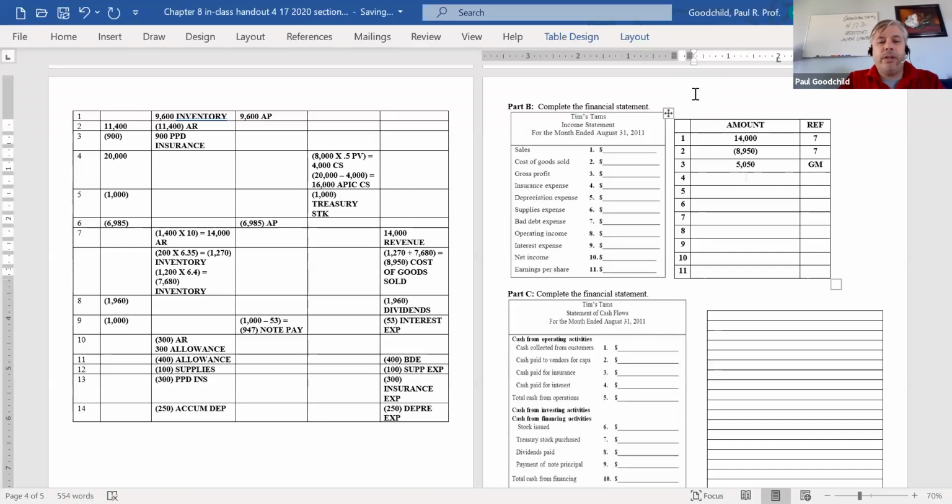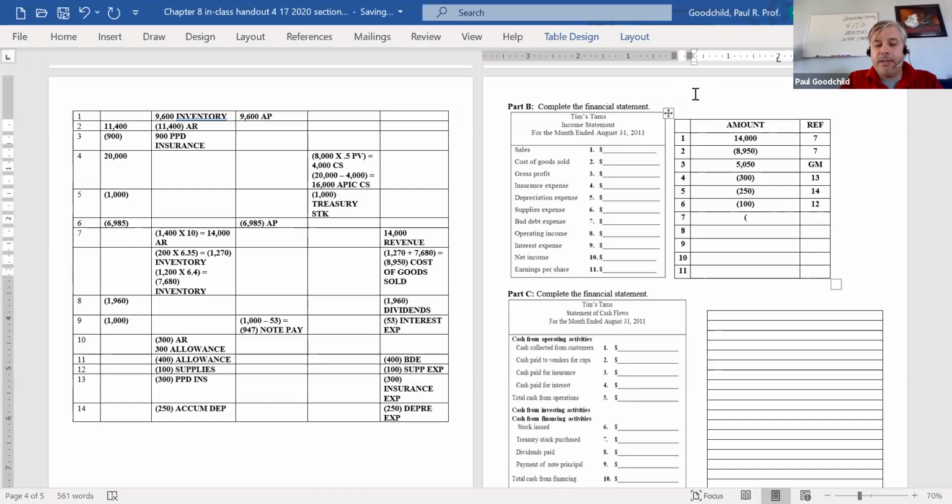And then our insurance expense, 300, and that comes from number 13. And then we have depreciation expense, and that's 250, and that comes from number 14. And then our supplies expense, 100, and that comes from number 12.